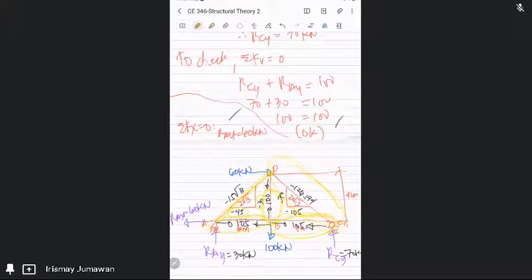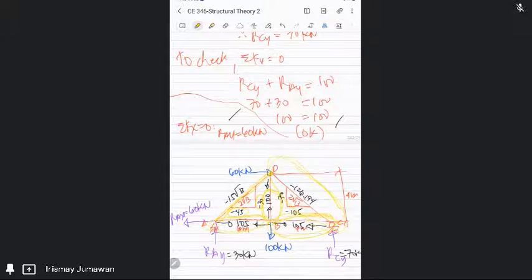So 100 minus 15 square root of 13, that is 54, right?